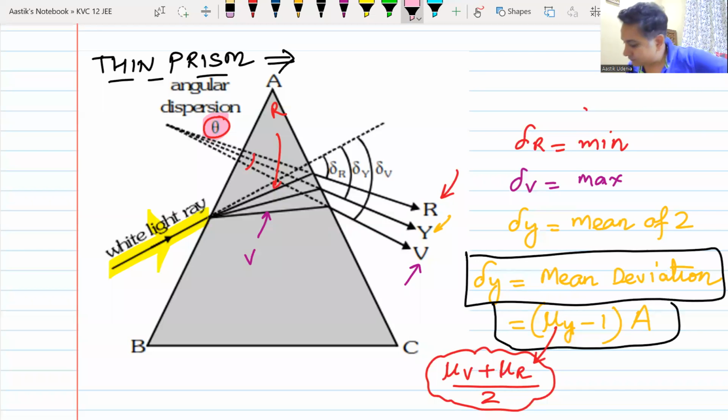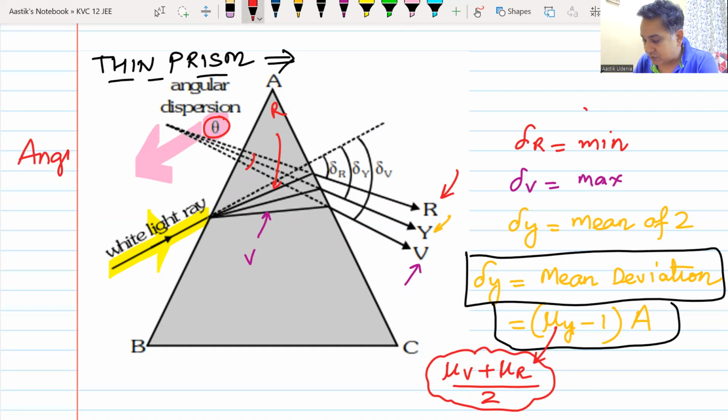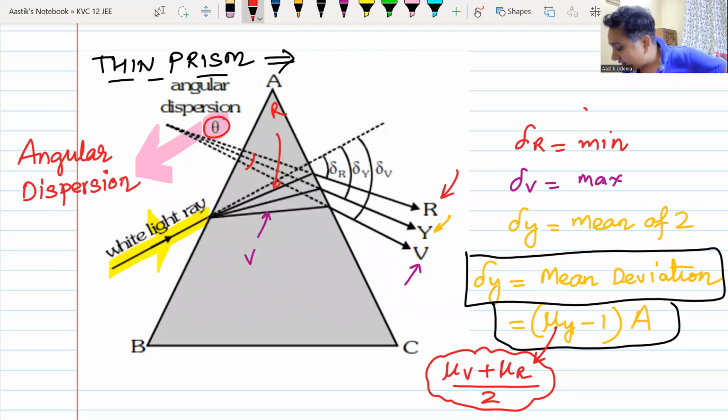This small angle theta is known as angular dispersion. So these are the two terms that we have to understand. If we had written their definition, we would not have understood it, and therefore I have shown you this diagram so that we can understand the different terms. Theta is known as angular dispersion.